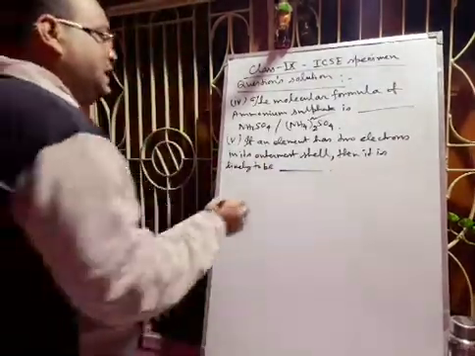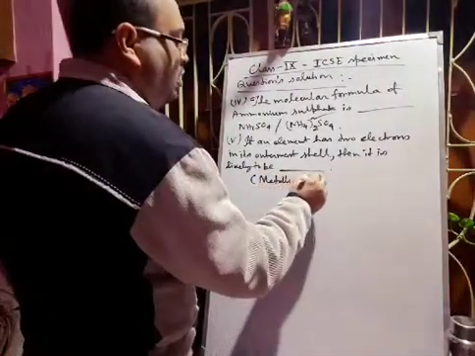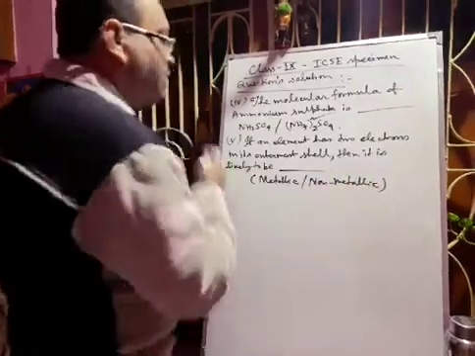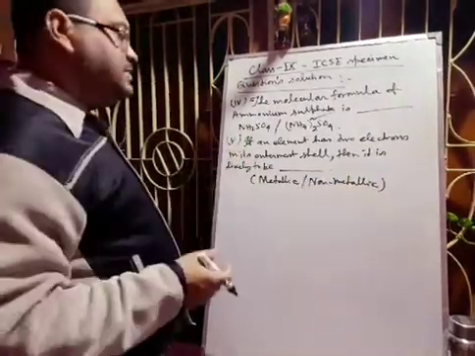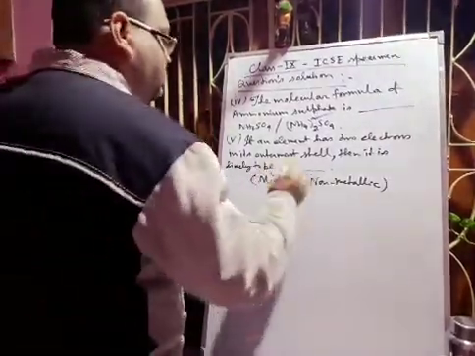Options are given: metallic or non-metallic. Definitely 2 electrons means group 2 elements. They are metallic, so metallic is the correct answer.